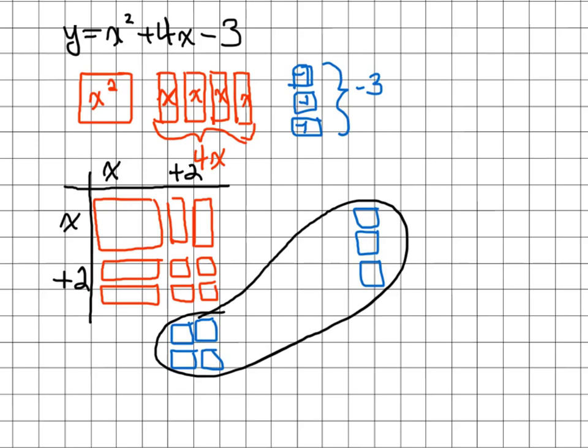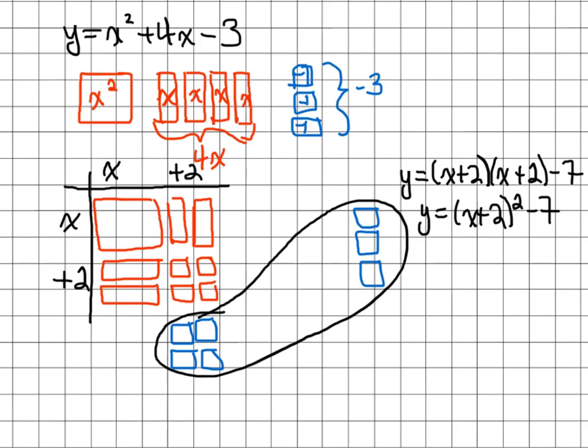So y equals x plus 2 times x plus 2 minus 7. All right, now, because these two are identical, I can write that as x plus 2 all squared minus 7.